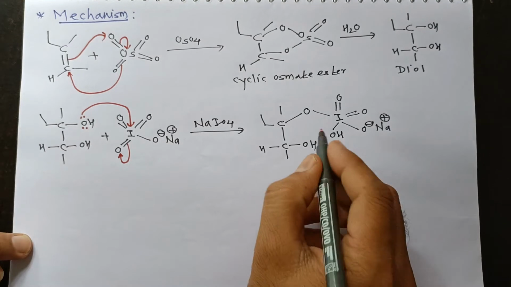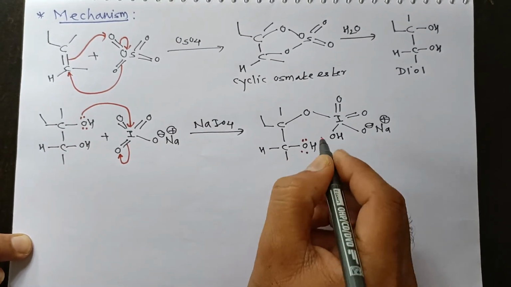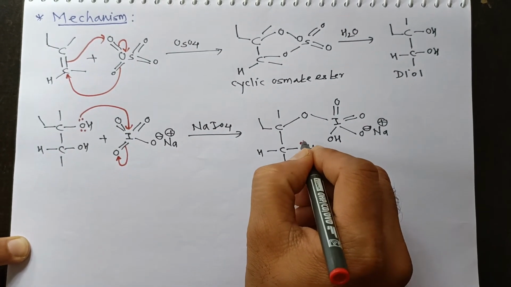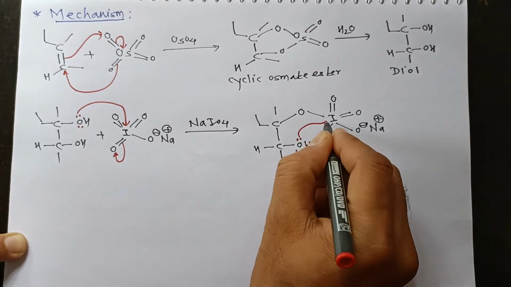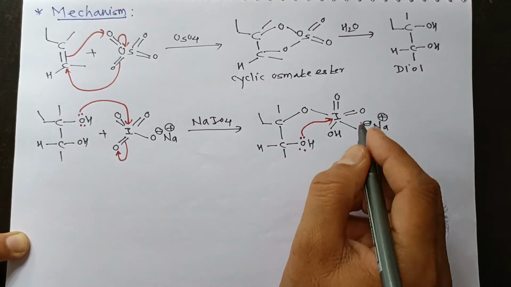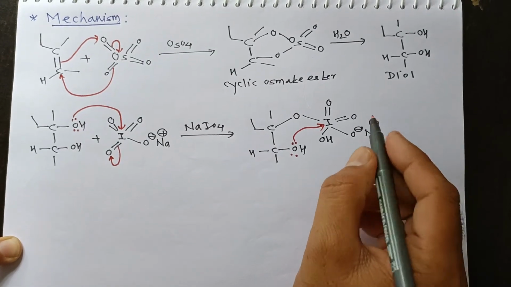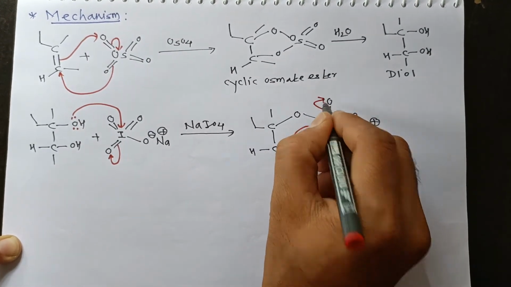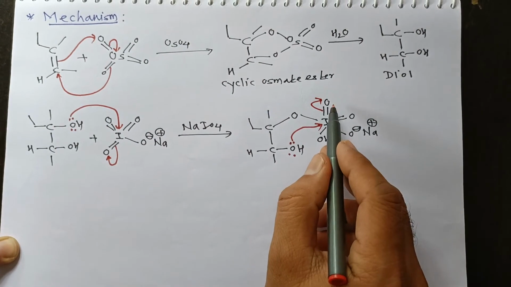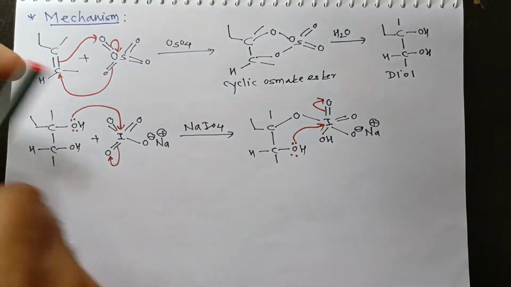In the next step, the lone pair of electrons on the second oxygen of the diol attacks this iodine and there is formation of O minus again. So this O minus will take the proton from this OH.